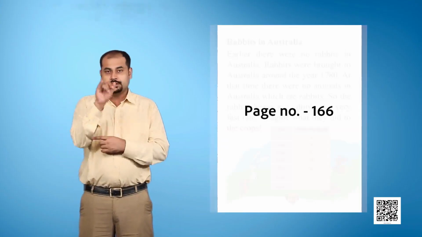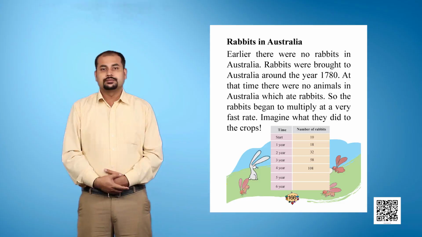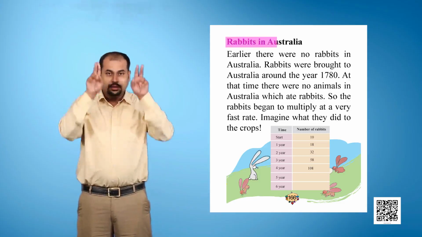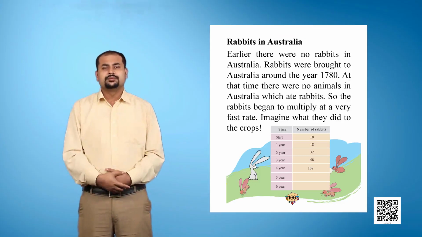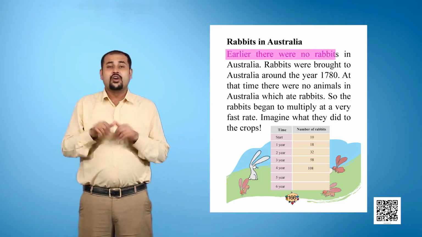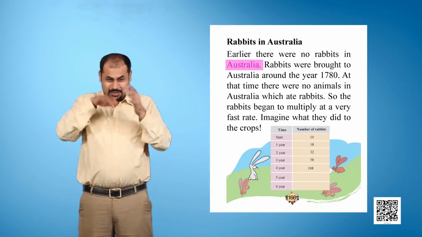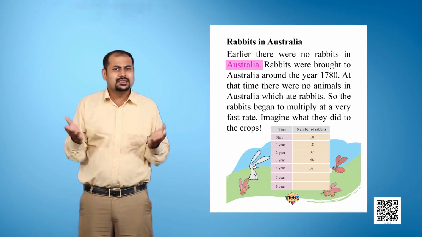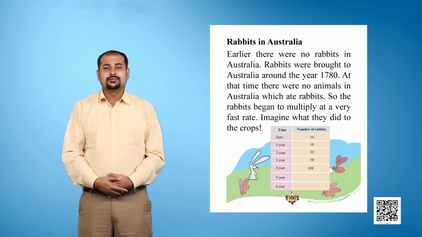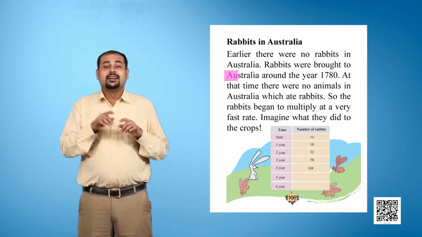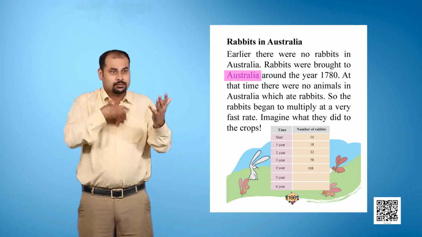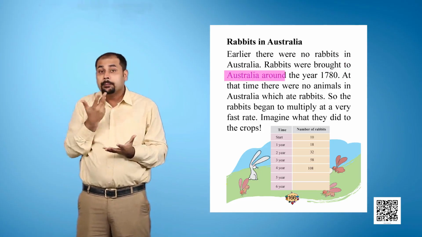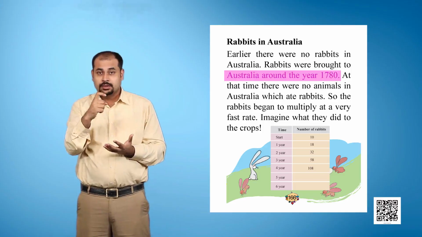Page 166. Rabbits in Australia. Earlier there were no rabbits in Australia. Rabbits were brought to Australia around the year 1780.